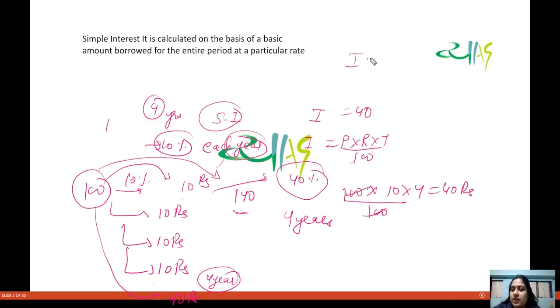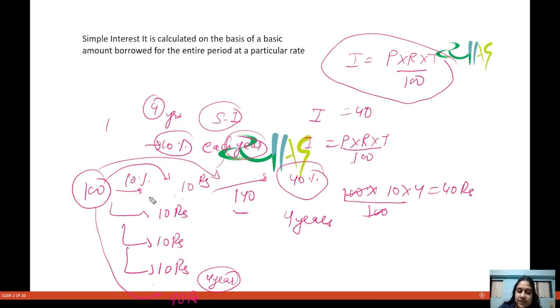This is a formula for us: interest is equal to P into R into T by 100. I hope you understand what I am saying, because we are getting a 10% interest rate each year. That means only 10 rupees we are getting as our interest each year.